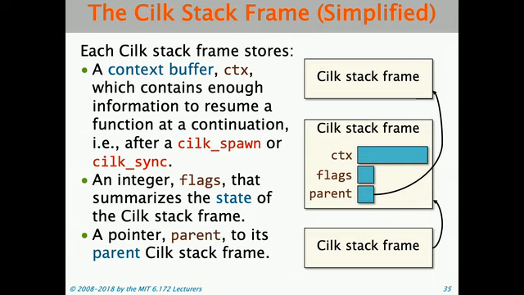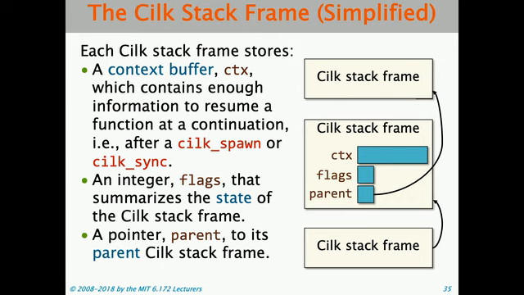Now, if we dive into the Cilk stack frame structure itself by cracking open the source code for the Intel Cilk Plus runtime, we see that there are a lot of fields in the structure. The main fields are as follows. There is a context buffer, and that's going to contain enough information to resume a function at a continuation. In particular, we mean after a Cilk spawn, or in fact after a Cilk sync statement.